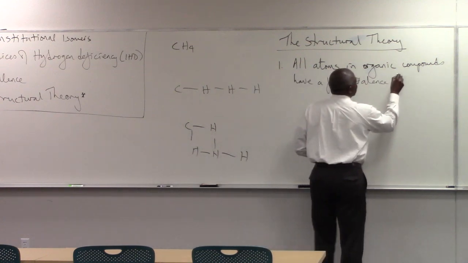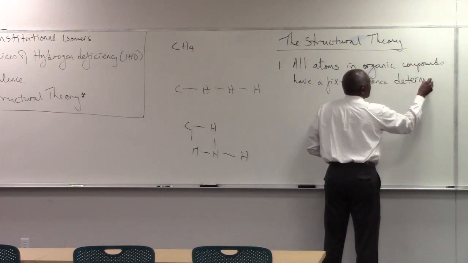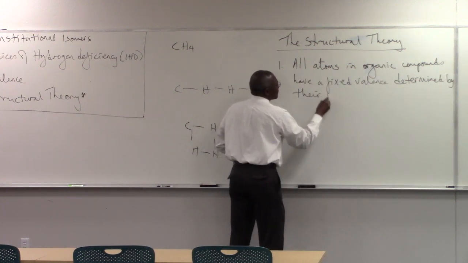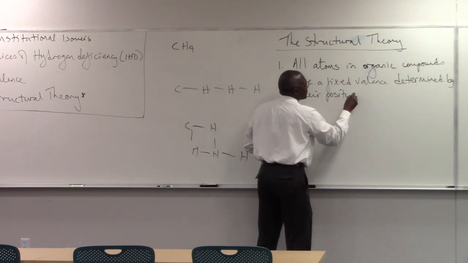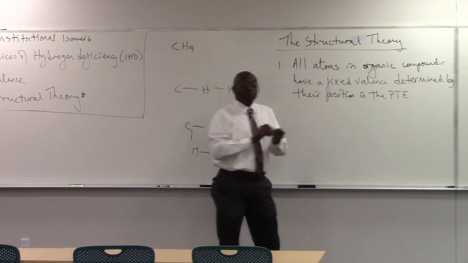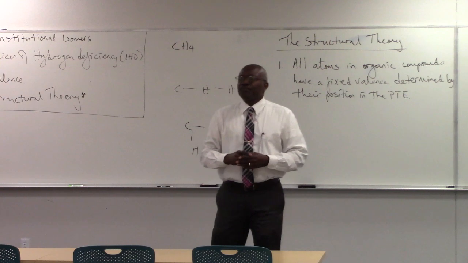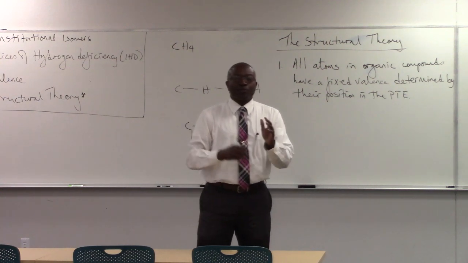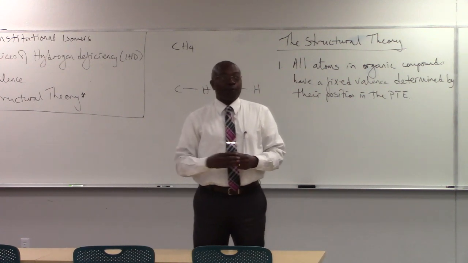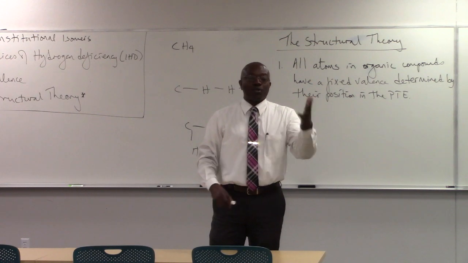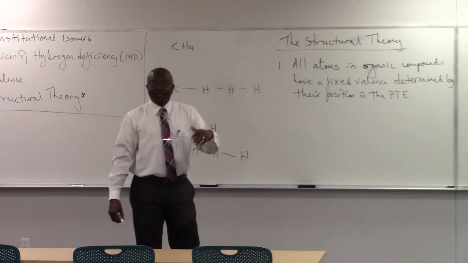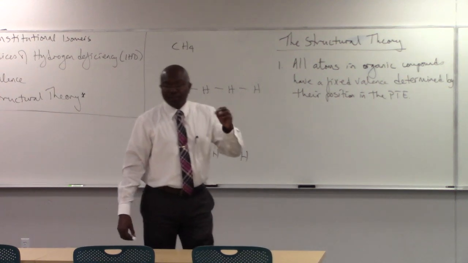And that the valence is determined by their position in the periodic table of elements. In other words, and you remember this from Gen Chem, if you are in group 1, so you're an alkali metal, then you are monovalent. So you form cations of charge 1+, so sodium plus, lithium plus, and so on. If you're in group 2, then you are divalent, for example beryllium 2+, calcium 2+, and so on.